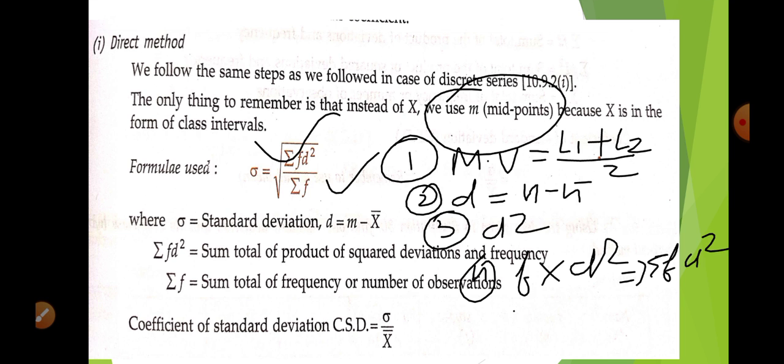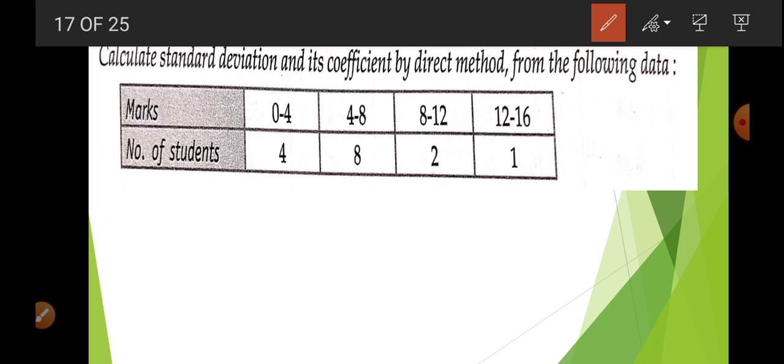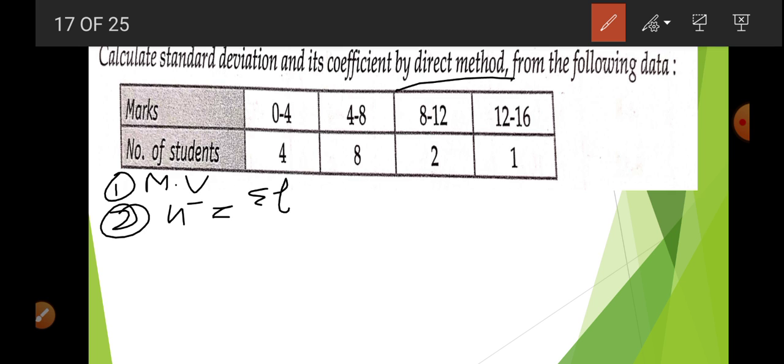Okay, so let us do this question. You can see here you have to calculate standard deviation with the direct method. Okay students, so what we have to do, first we are going to calculate the mid value. Second, you have to calculate the mean, that is sigma fm upon sigma f.